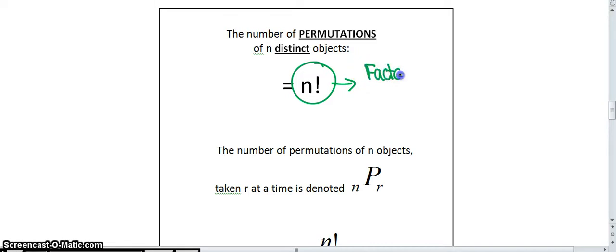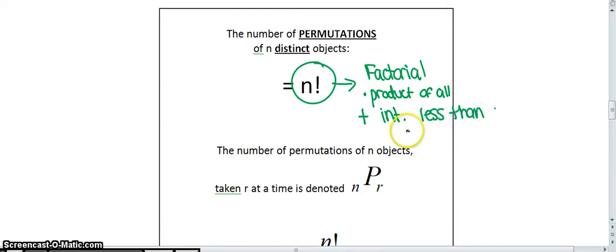And what a factorial is, I'm going to give you the textbook definition, it's the product of all positive integers, less than or equal to n.